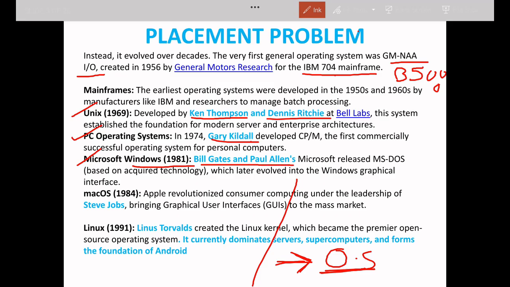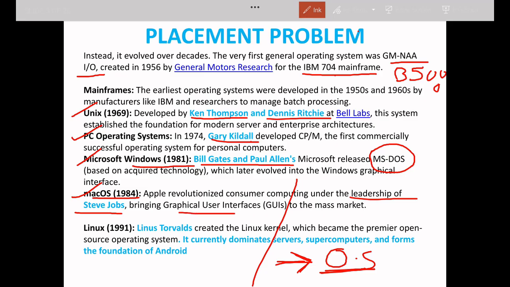Initially the famous operating system was MS-DOS, then Windows XP, and nowadays Windows 11, Windows 12, Windows 13.